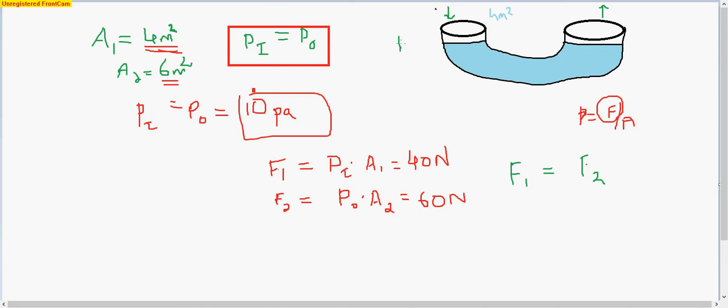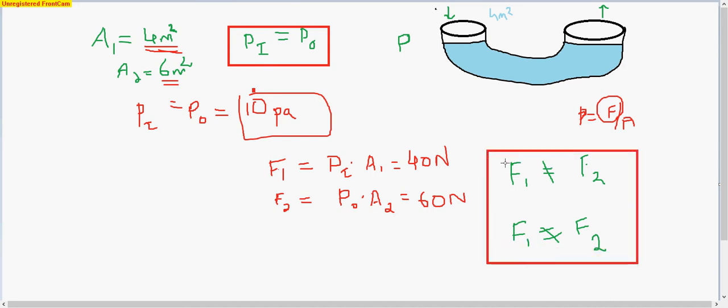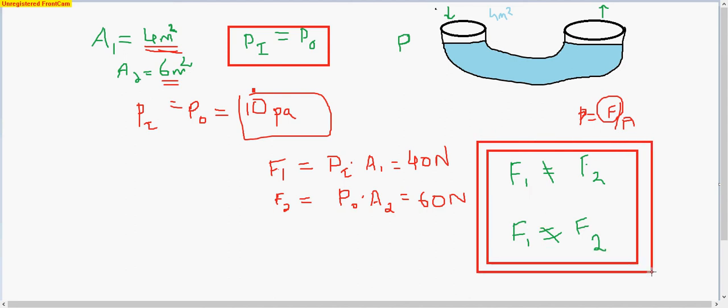The pressure is the same, but the force is not equal. So we can write it down: F1 not equal to F2. So the force is not the same always.